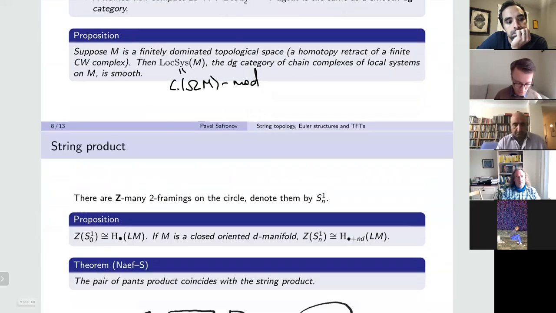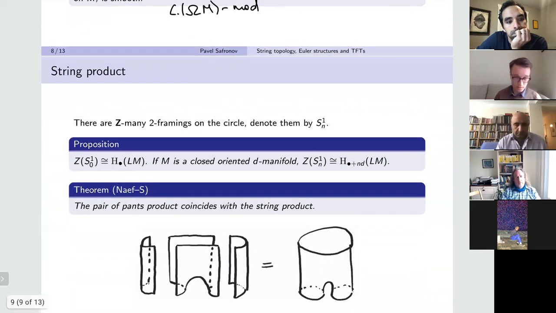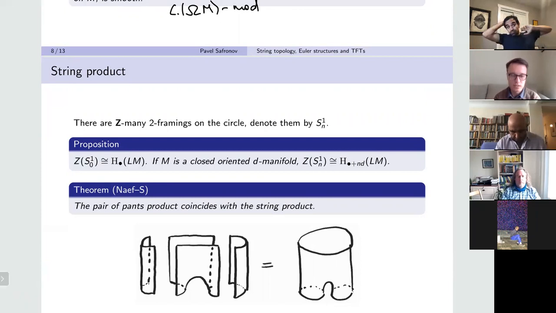Okay, so now let's compute something. First of all, I want to compute the value on the circle and the operations I get on the circle. Here I'm talking about the framed TFT. There are different kinds of framings on the circle.